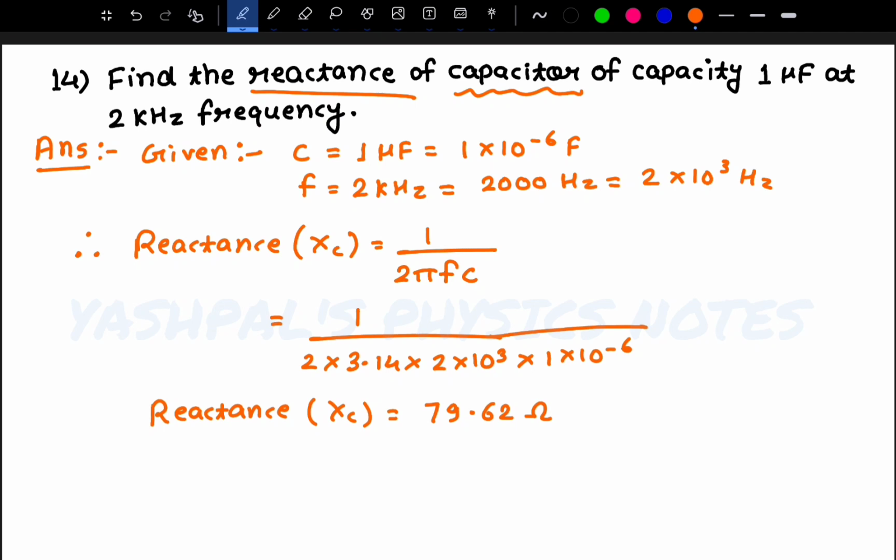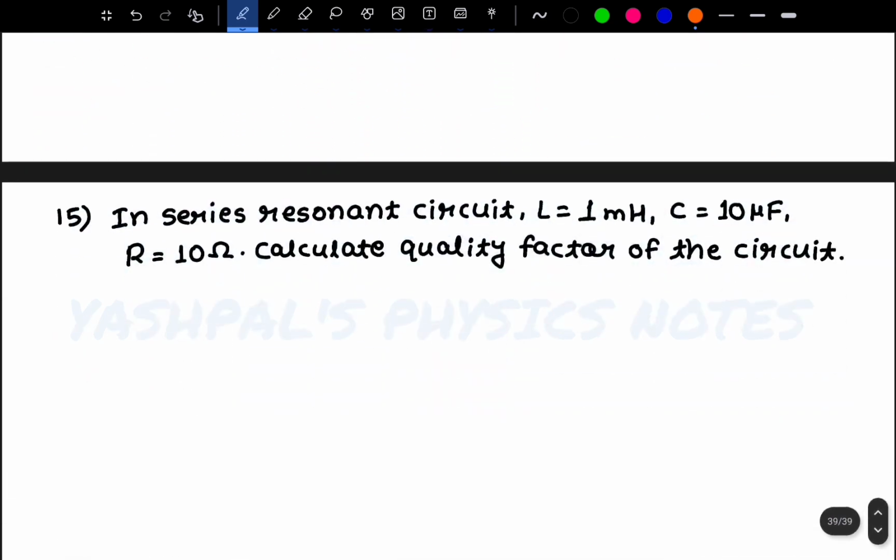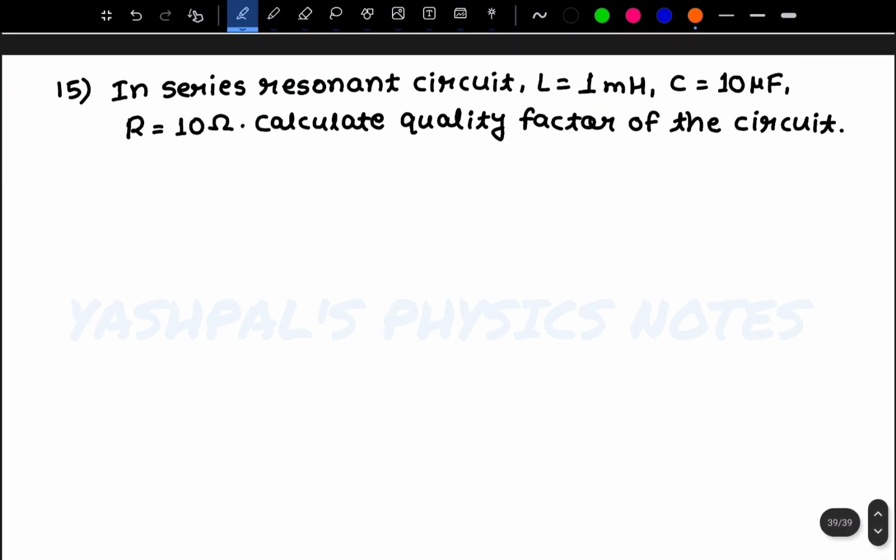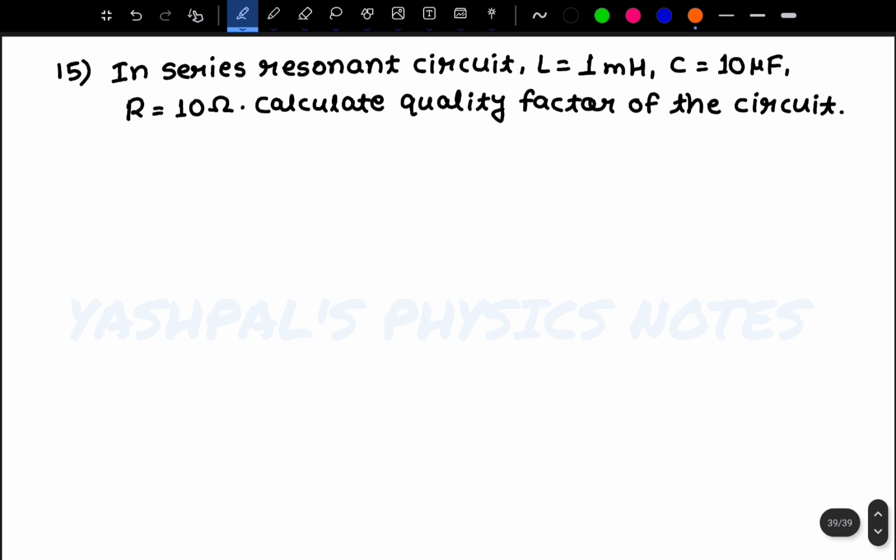So next question, let's move to our final question. Yes, this is our final question, question number 50. Write the given data first. In a series resonant circuit, L is 1 millihenry. Here inductance is given as 1 millihenry.